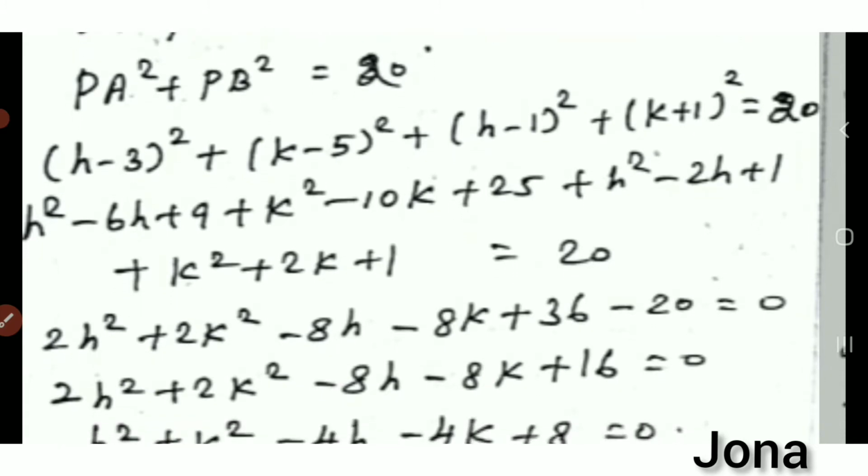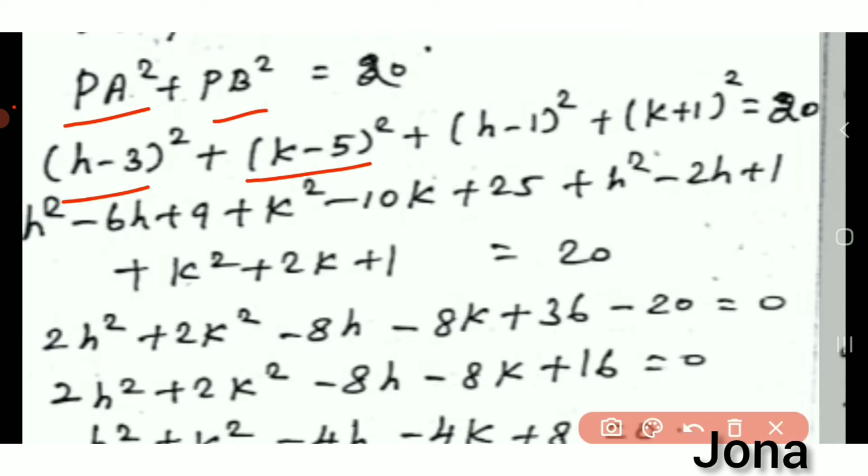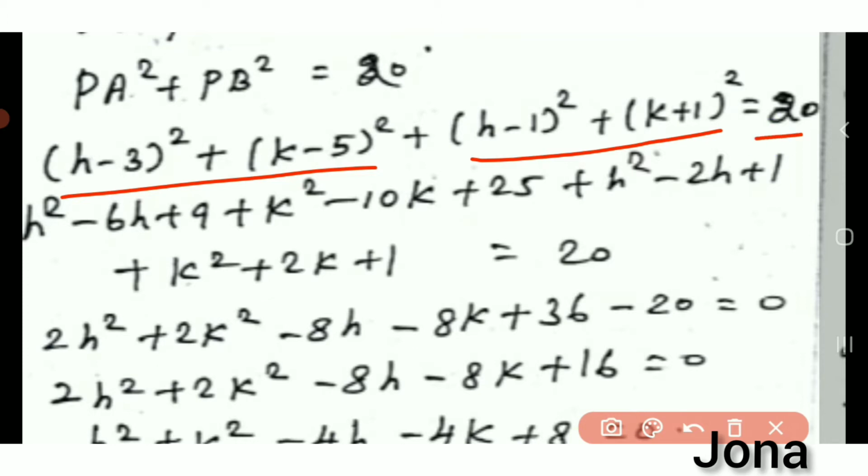So PA square is nothing but the distance between the point P and A. Okay. So we can have here that PA square is (h minus 3) the whole square plus (k minus 5) the whole square, and the distance PB square is (h minus 1) the whole square plus (k plus 1) the whole square equal to 20.